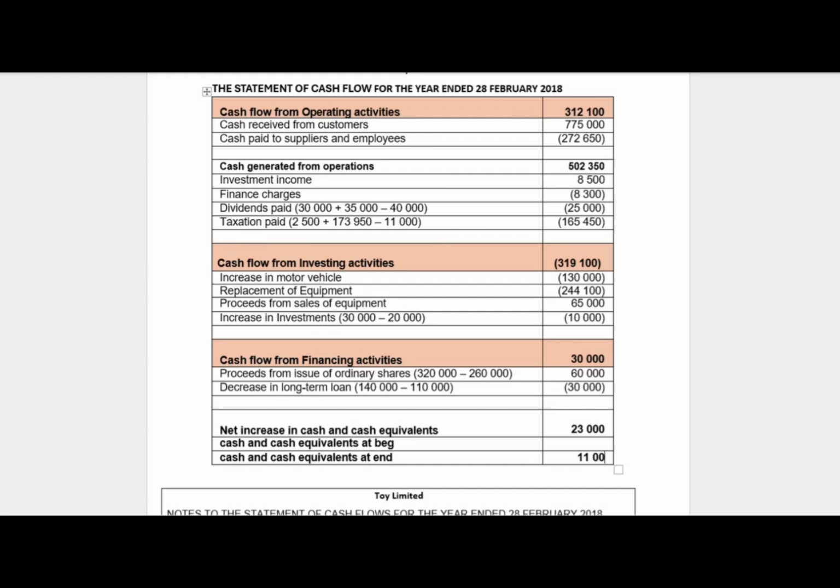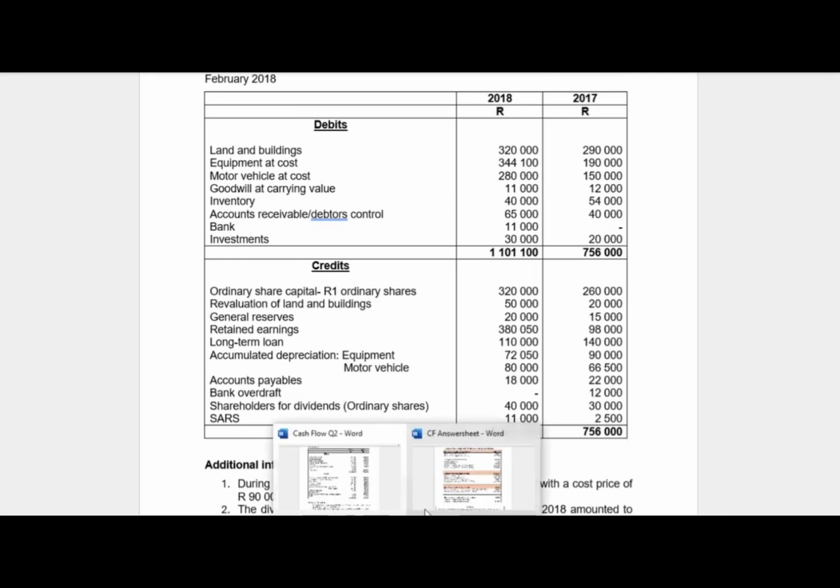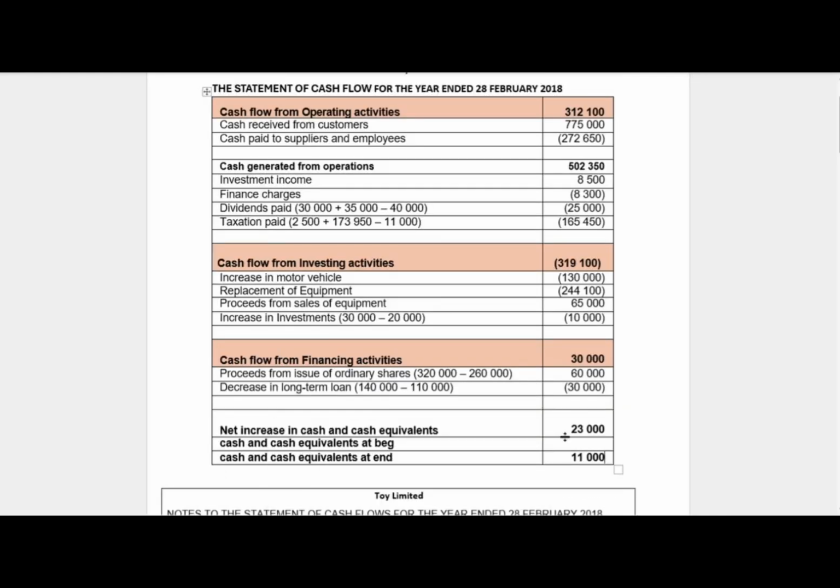All right, and then that's all we have on the debit, and then let's go to the credit to check if we don't have bank overdraft. And then under credit, we've got bank overdraft of 12,000. You see, so it's an outflow. Bank overdraft, it's an outflow. So we're going to go to our cash and cash equivalents at the beginning and say open brackets 12,000.